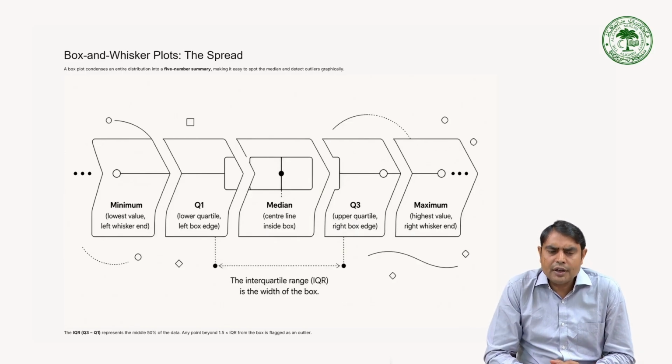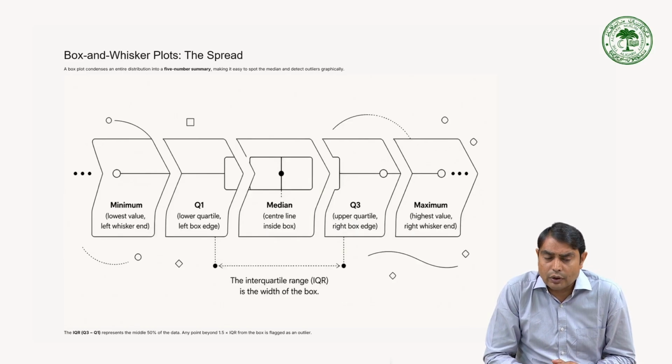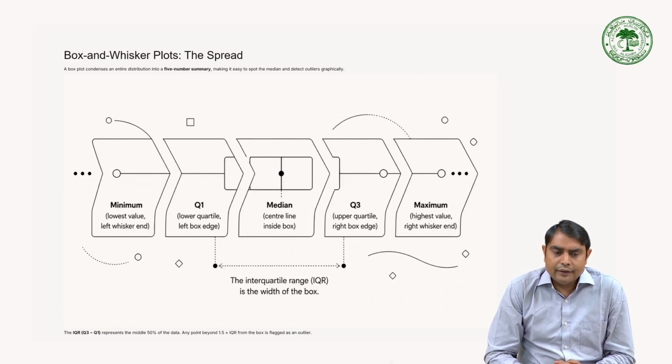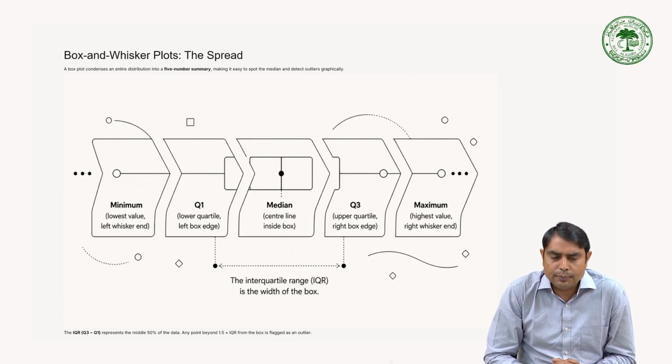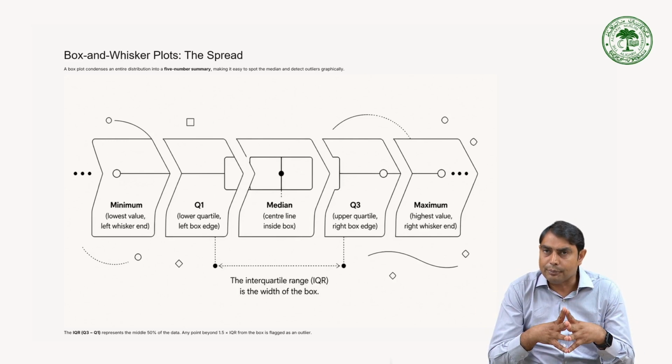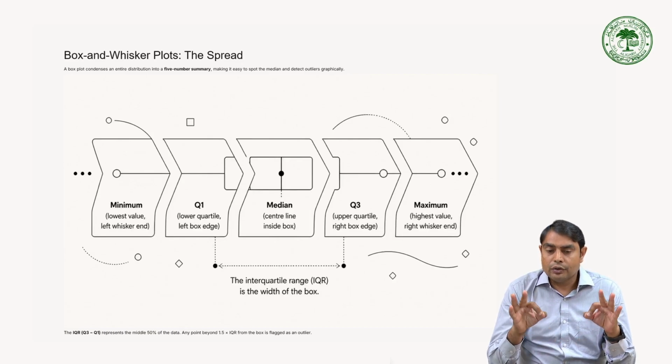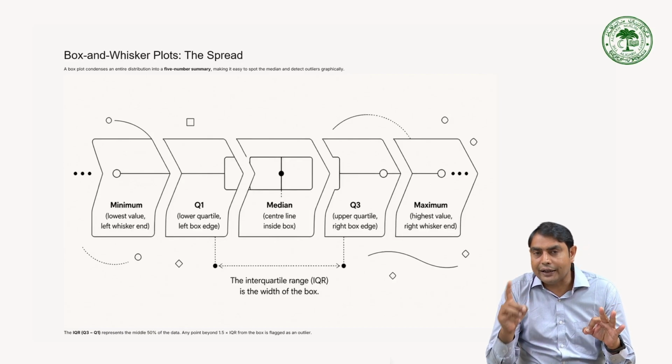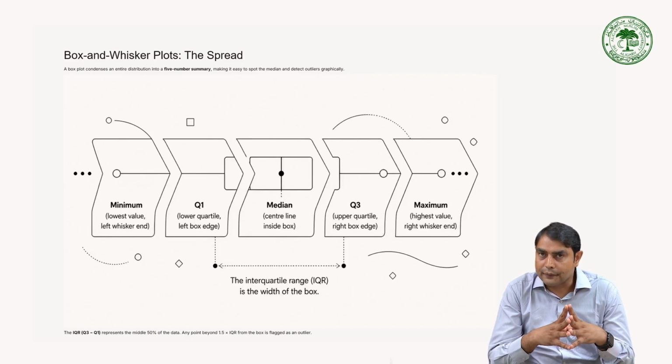Then another measure is the box and whisker plot. This box and whisker plot condenses the entire distribution into a 5 number summary, making it easy to spot the median and detect the outlier graphically. So it is handling the outlier.